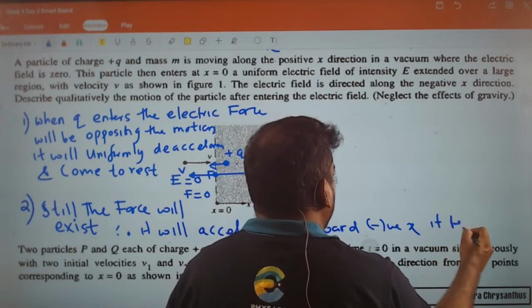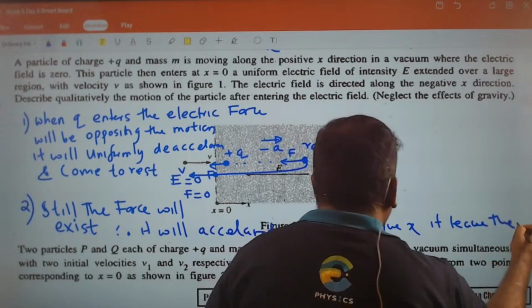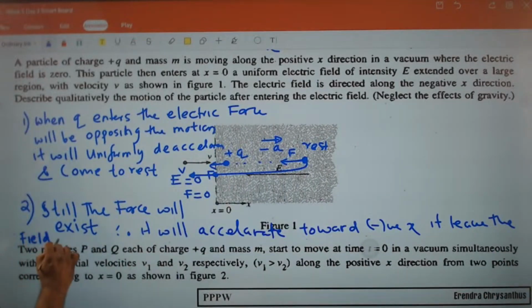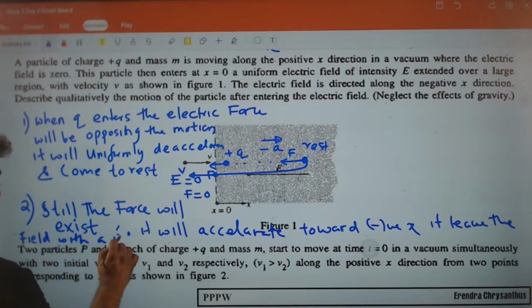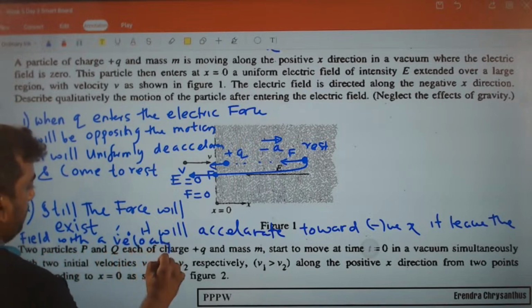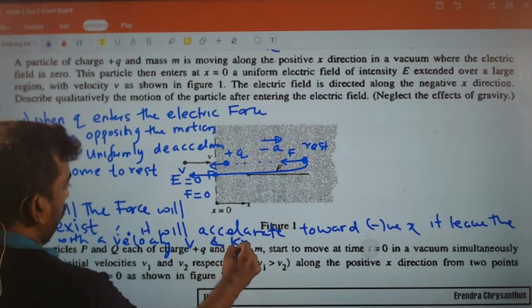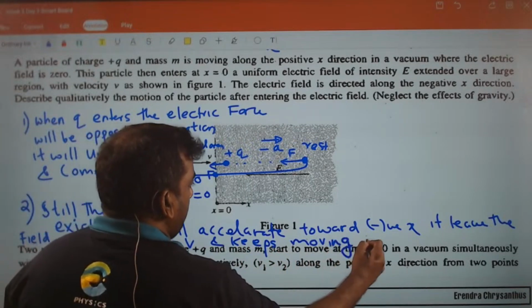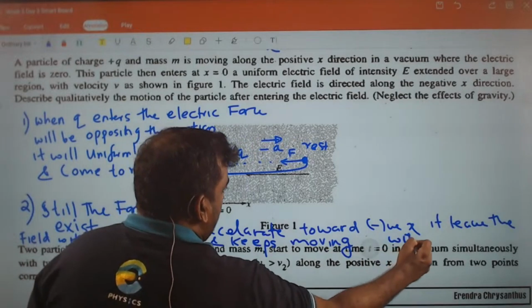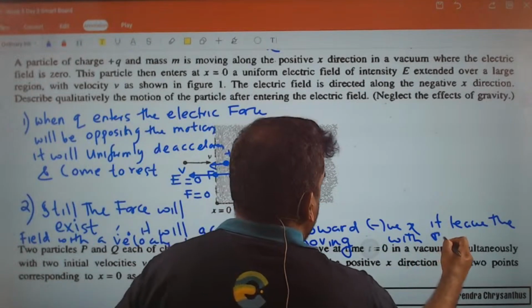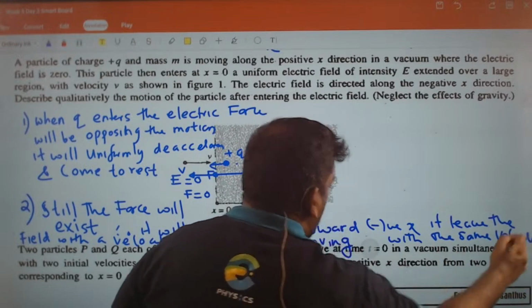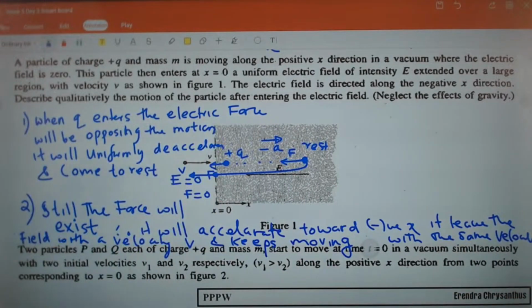It leaves the field with a velocity v and keeps moving with the same velocity. So what happens is very simple.